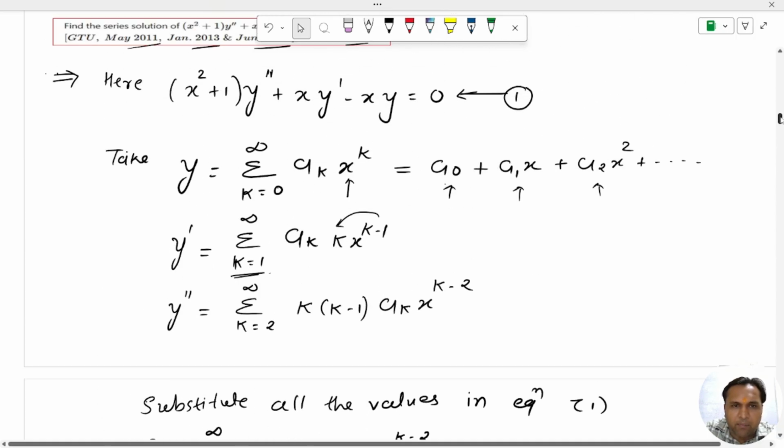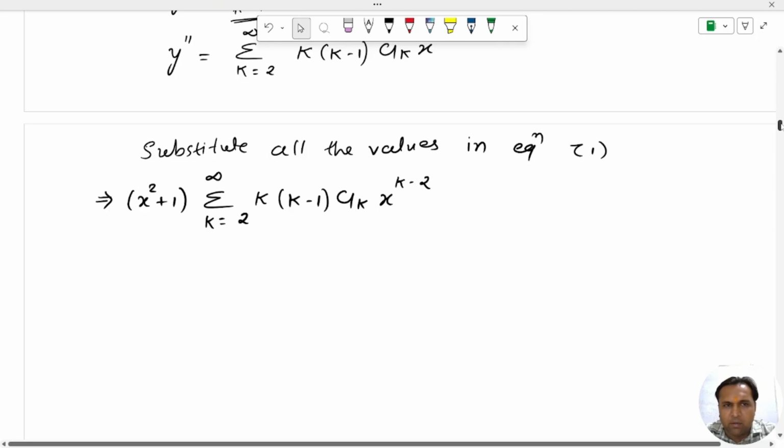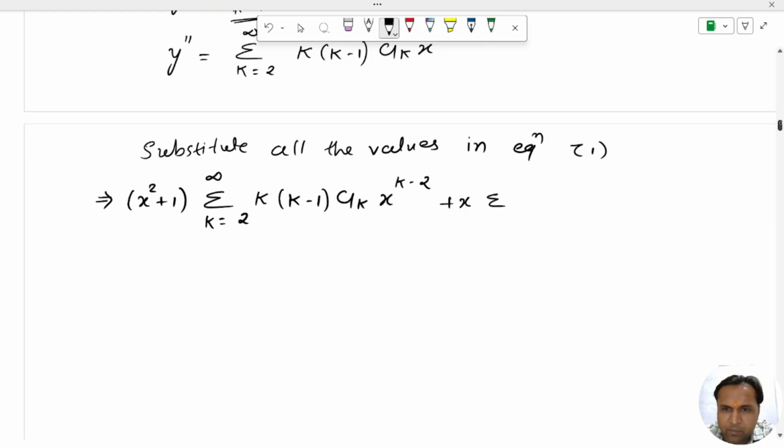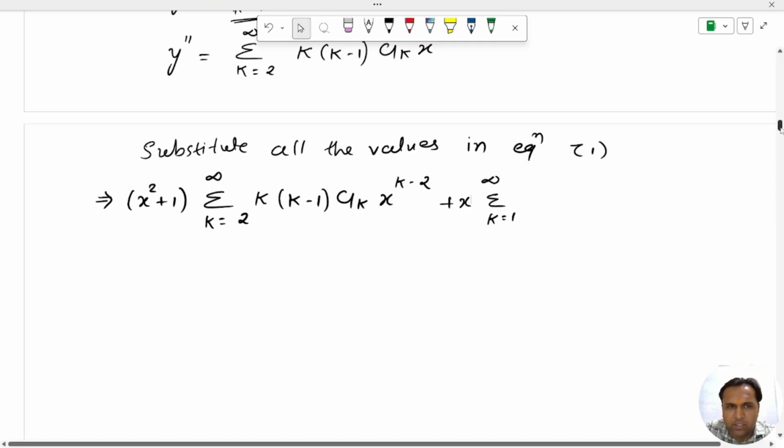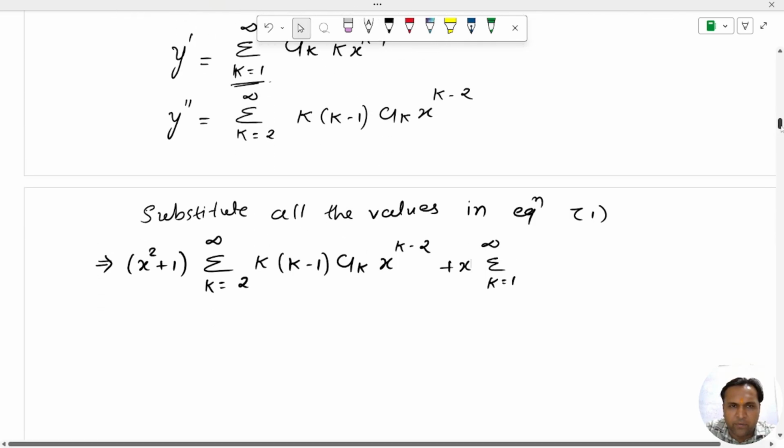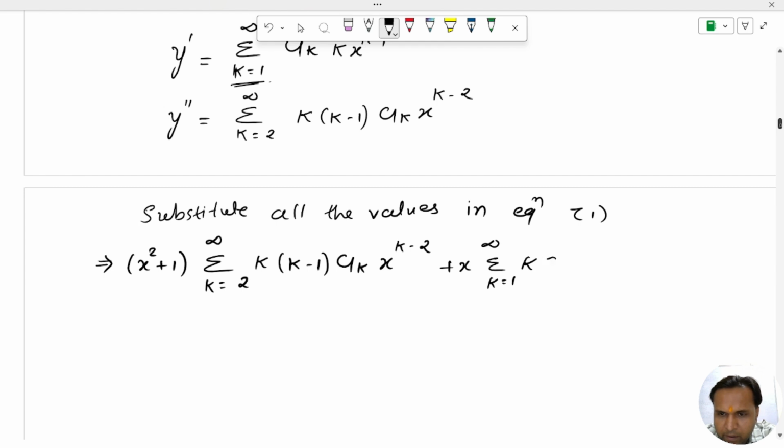Now what is plus xy dash? It is plus x times y dash. What is my y dash? That is summation k equal to 1 to infinity k a k x raised to k minus 1, and minus x times y.